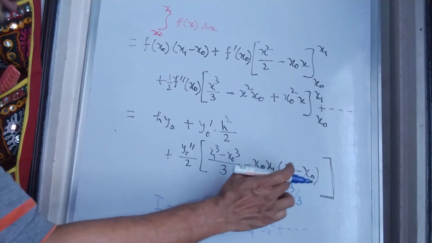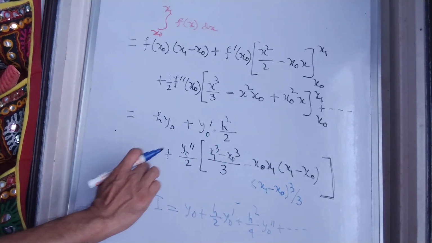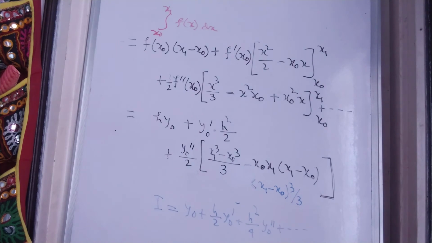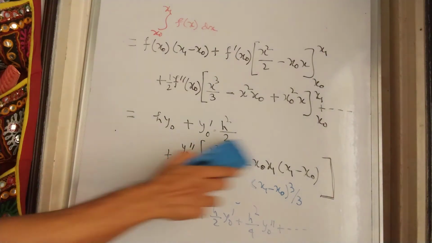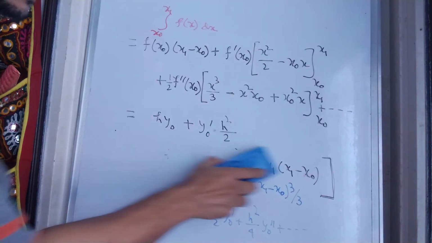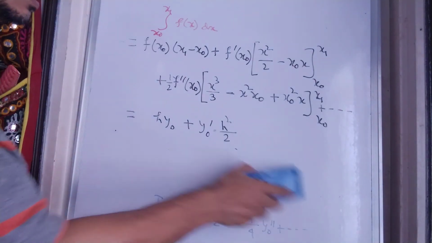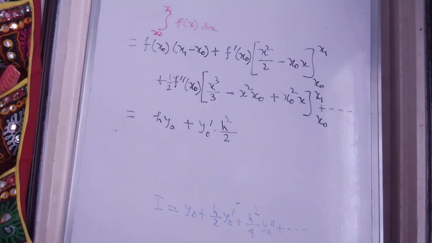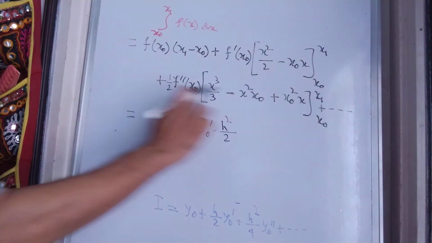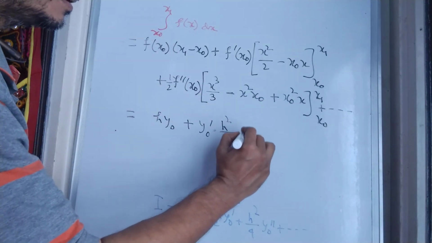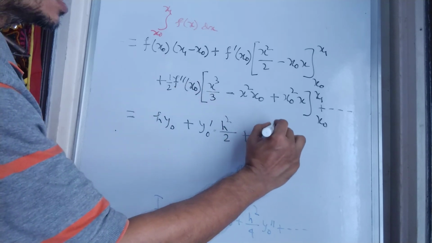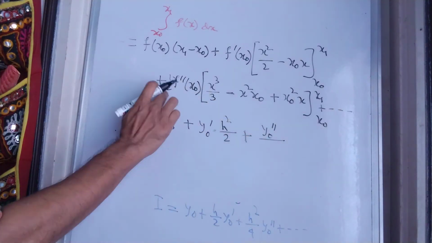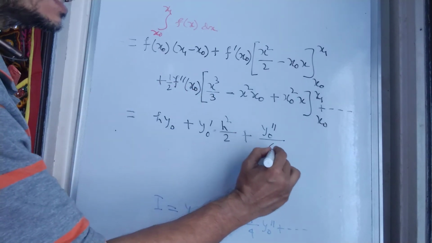Since x1 minus x0 is taken common outside, we are left with x1 minus x0 whole square by 3. So when multiplied, we have x1 minus x0 whole cube by 3. And we can replace this term here, we have plus of y0 double prime by, there is a 2 and there is a 3, so it is 6.